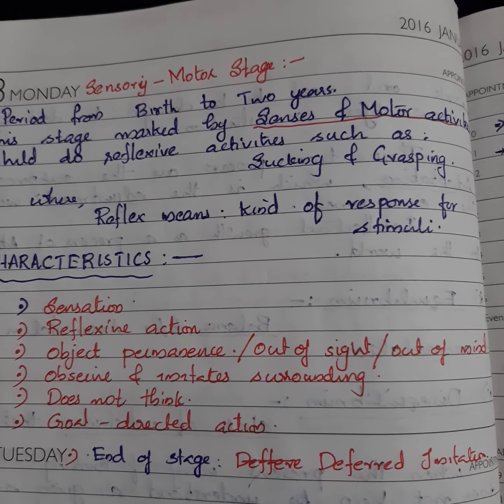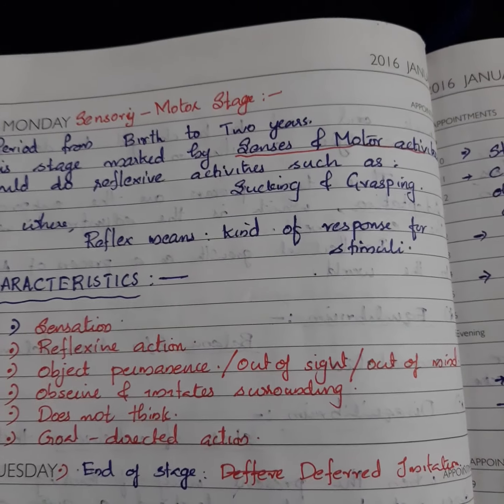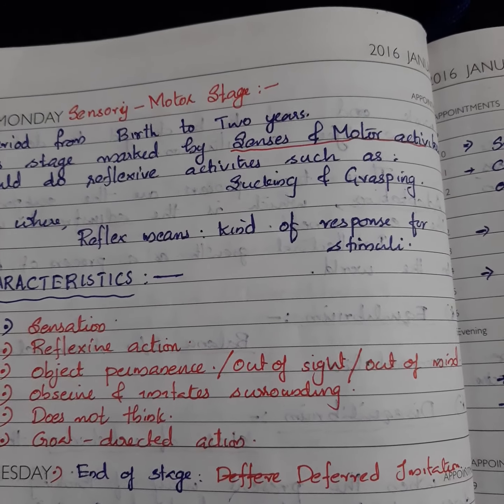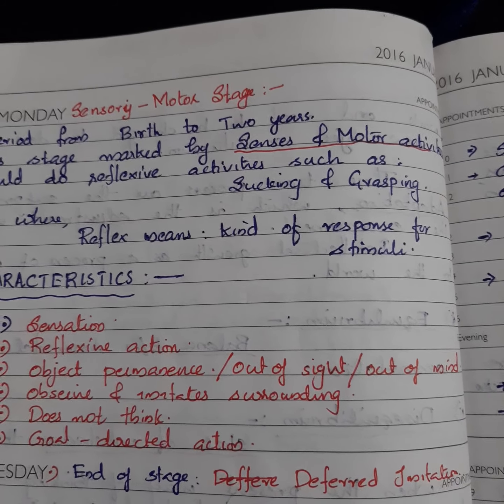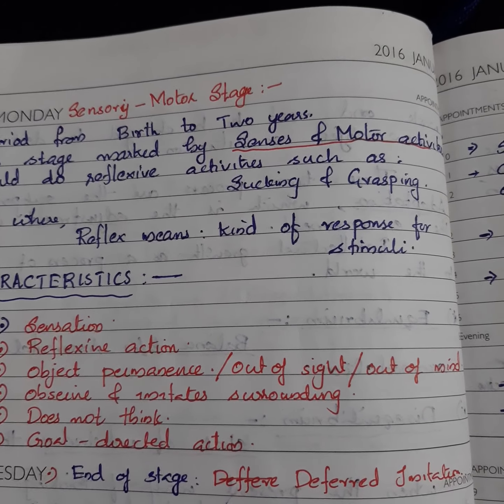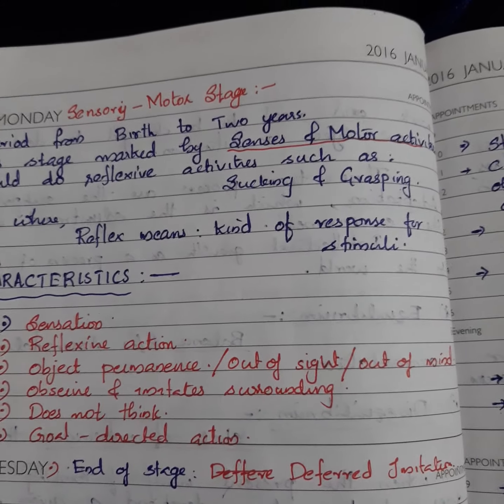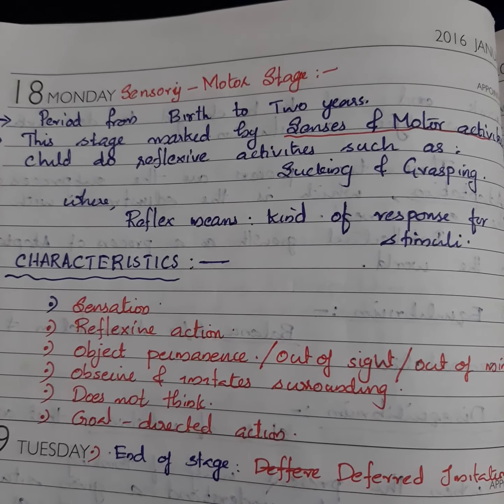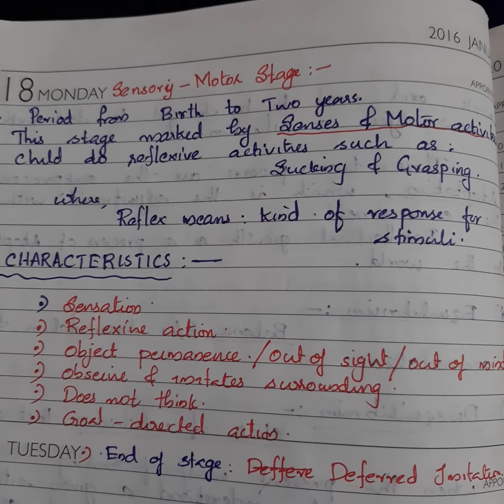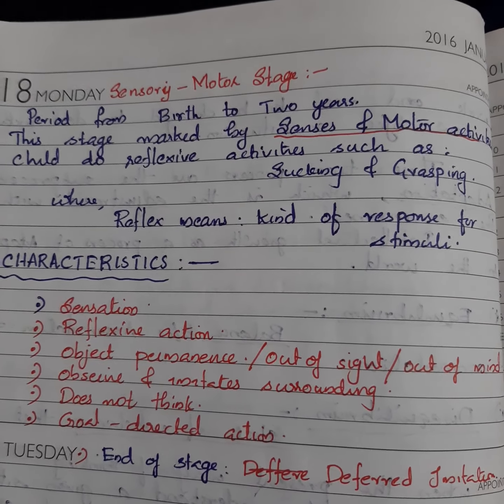As infants grow older, they learn that even if an object is not in front of them, it still exists. Such thought is known as object permanence. It is also known as out of sight, out of mind.